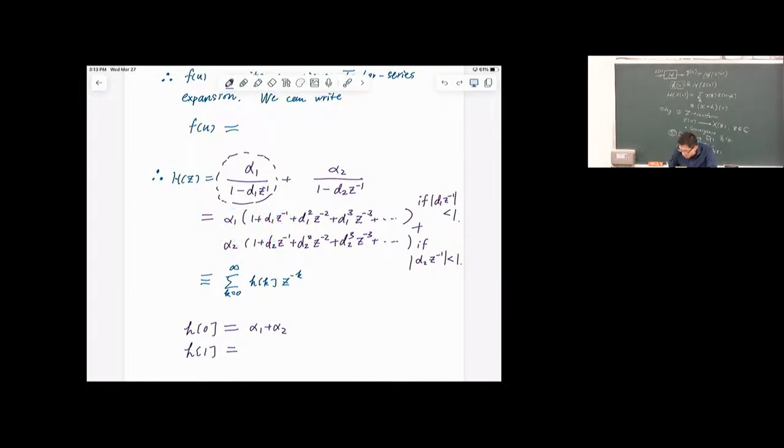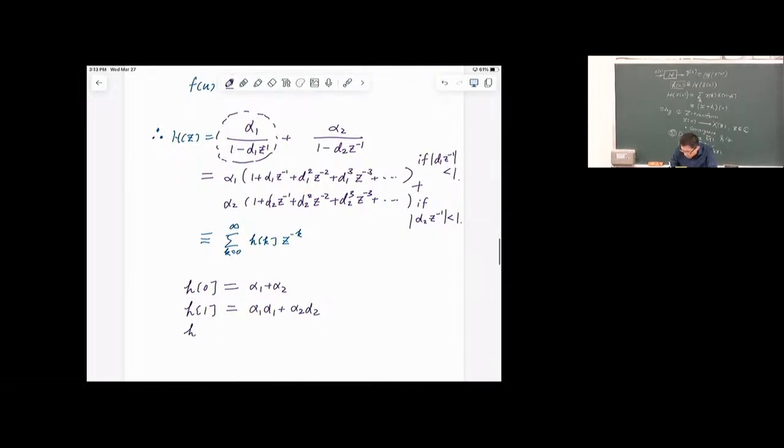So h1 is equal to alpha 1 d1 plus alpha 2 d2. I want to write down one more term before we conclude. h2 is equal to alpha 1 d1 squared plus alpha 2 d2 squared, just by comparison of coefficients.